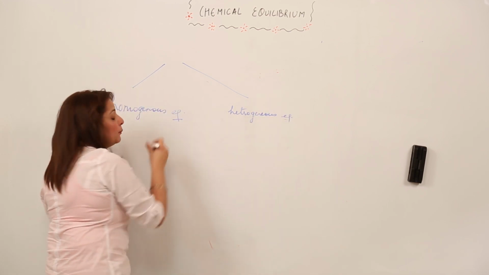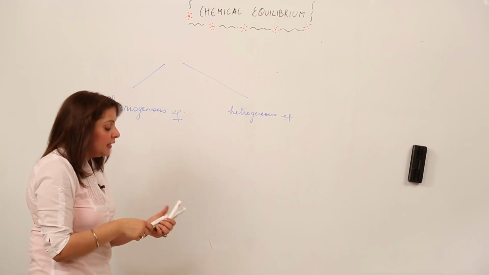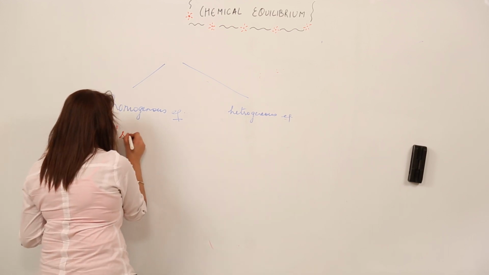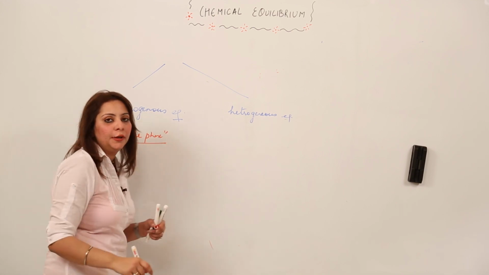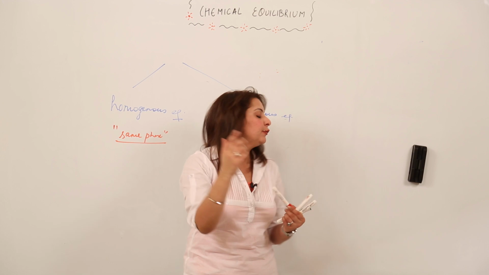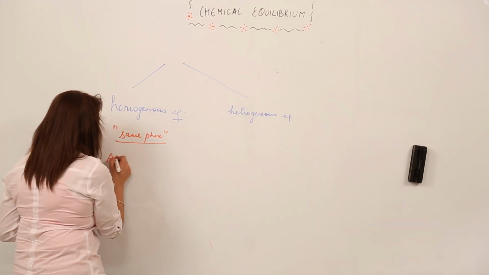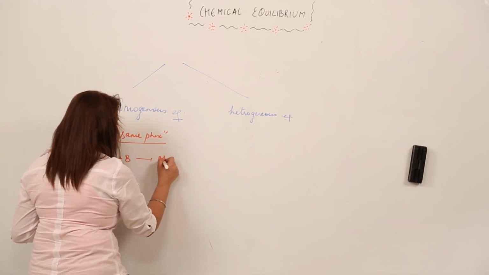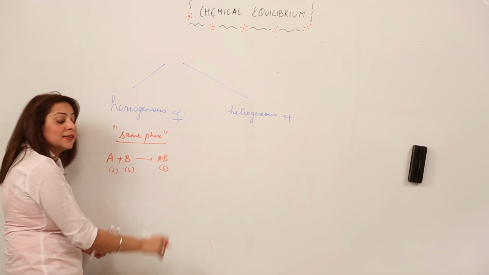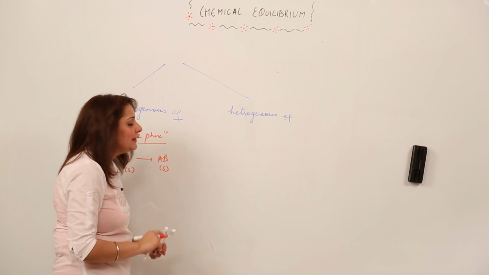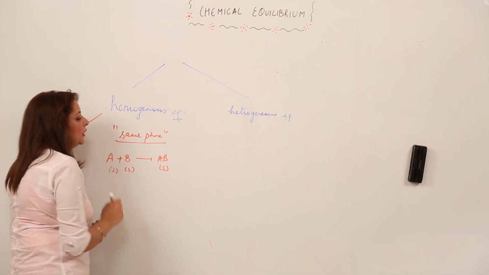If all the components present in a reaction occur in the same phase, then it is said to be homogeneous equilibrium. For example, suppose A plus B forms AB and everything is present in a solid state. Because they are existing in the same phase, it is a homogeneous equilibrium.